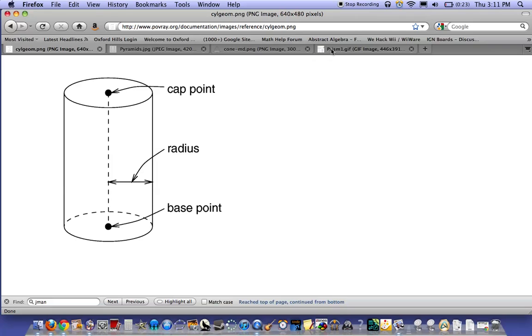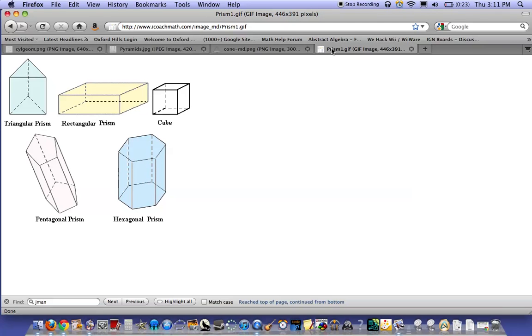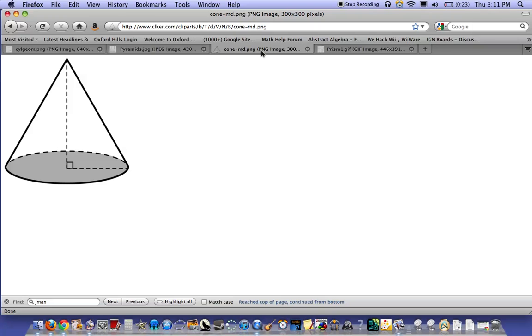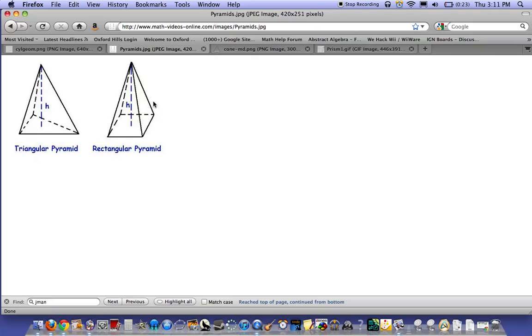So just to recap real quick, we have prisms. They have two bases, and each of their vertices is connected with an edge or a line. We have a cone, which only has one singular base instead of two, and that base is a circle. We have a pyramid whose base can change shape and size, but only has one base instead of two.